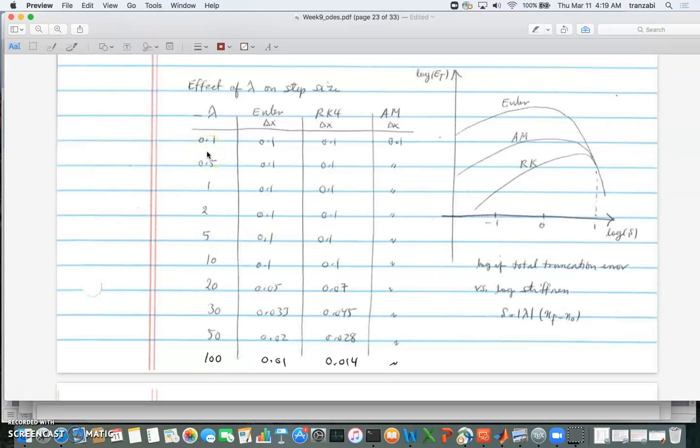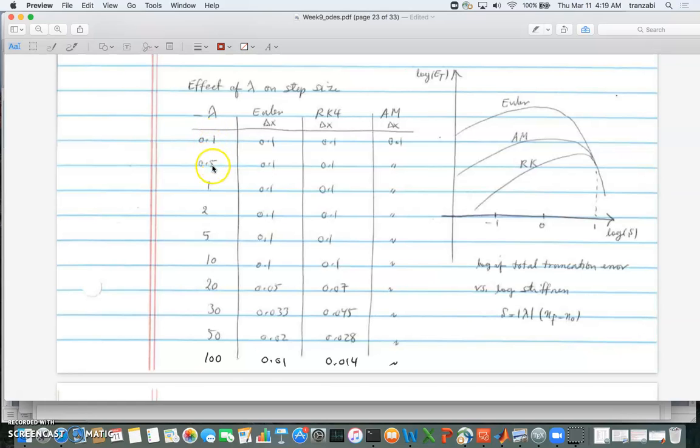If lambda is 0.1, then delta x in forward Euler should be less than or equal to 2 divided by this, which means it has to be less than 20, which is of course the case for now.